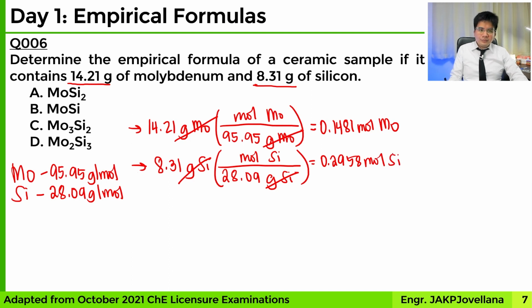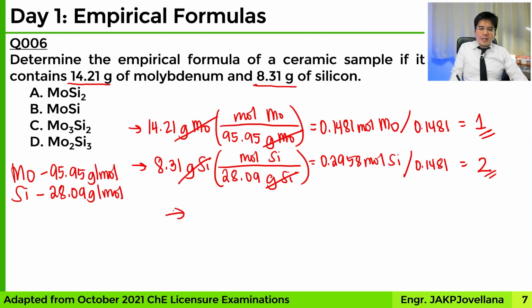Like what we did from the previous problems, we can divide by the smaller number. In this case, divide by 0.1481. 0.1481 divided by 0.1481 is equal to 1 and 0.2958 divided by 0.1481 is equal to 2. So these are the subscripts respectively for molybdenum and silicon.